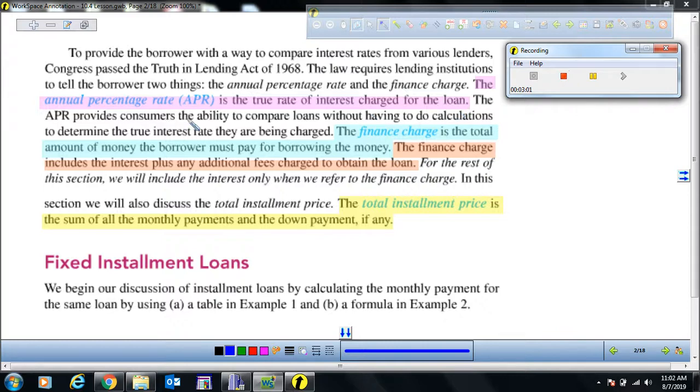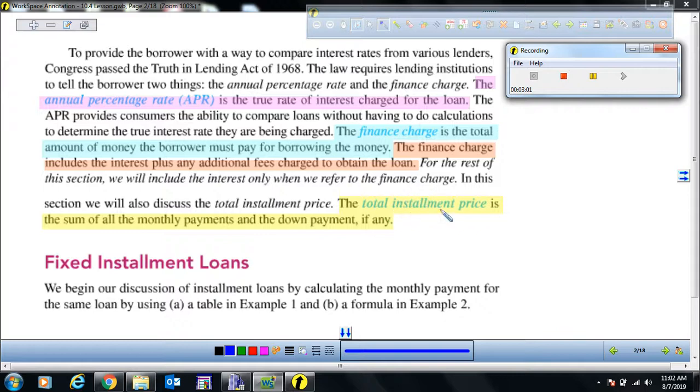The APR provides consumers the ability to compare loans without having to do calculations to determine the true interest rate they are being charged. The finance charge is the total amount of money the borrower must pay for borrowing the money. The finance charge includes the interest plus any additional fees to obtain the loan. For the rest of the section, we will include the interest only when we refer to the finance charge.